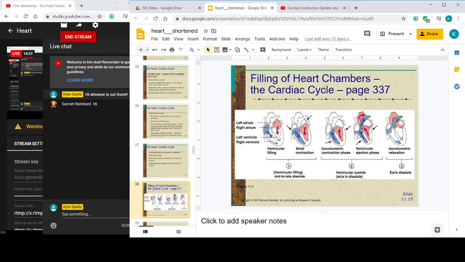Blood's going to kind of come back, but the valves are going to keep it from backspilling into the ventricles. These AV valves are going to start to open, and blood's going to start to trickle in. Remember, 70% is going to go in there, and then we're going to start this over again, where blood starts to go into there.